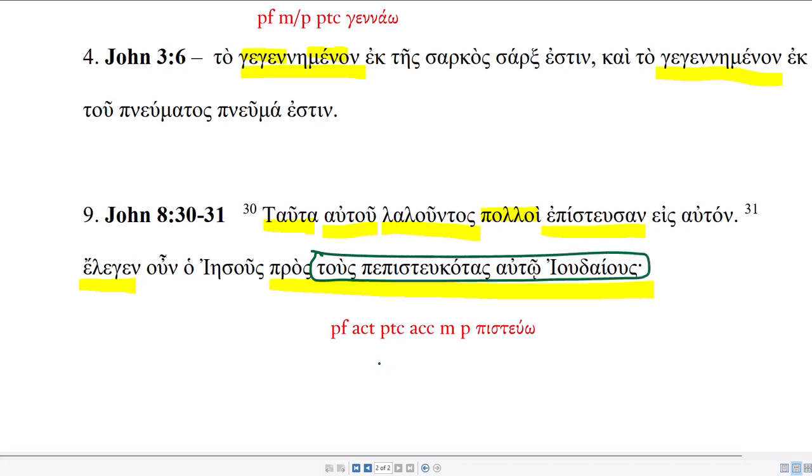And so you have article, adjective, noun, first attributive relationship. So reading the whole sentence, Jesus said, therefore, to the Jews who believed in him, and then the verse goes on, if you continue in my word, you are my disciples indeed, and you shall know the truth, and the truth shall make you free.